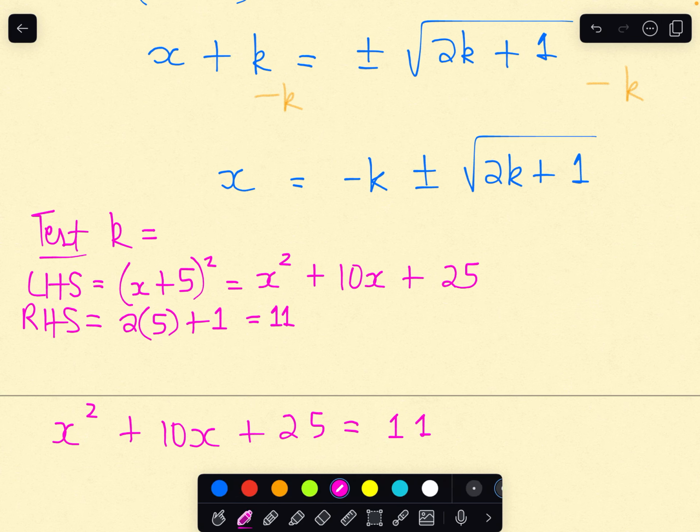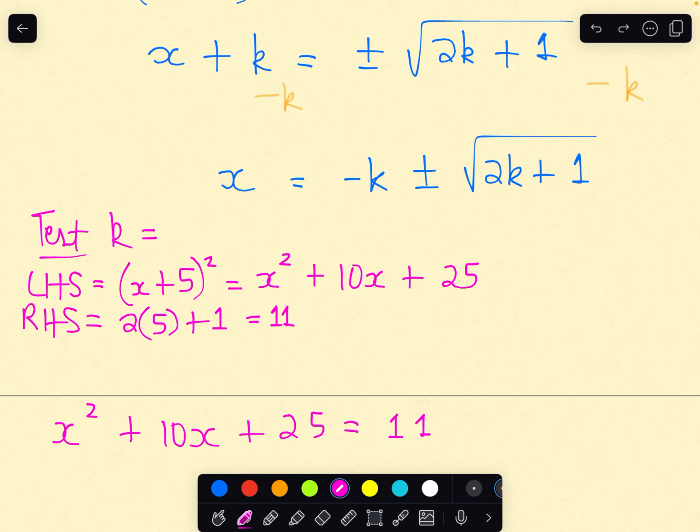I want to find a number such that 2k + 1 ends up being a perfect square. So let's make 2k + 1 equal to 9. That means my k needs to be 4, because 2 times 4 plus 1 is 9. Hypothetically this should work out nicely, because it will be the square root of 9. Sometimes we have to be smart about these things, and not give ourselves unnecessary chest pains.